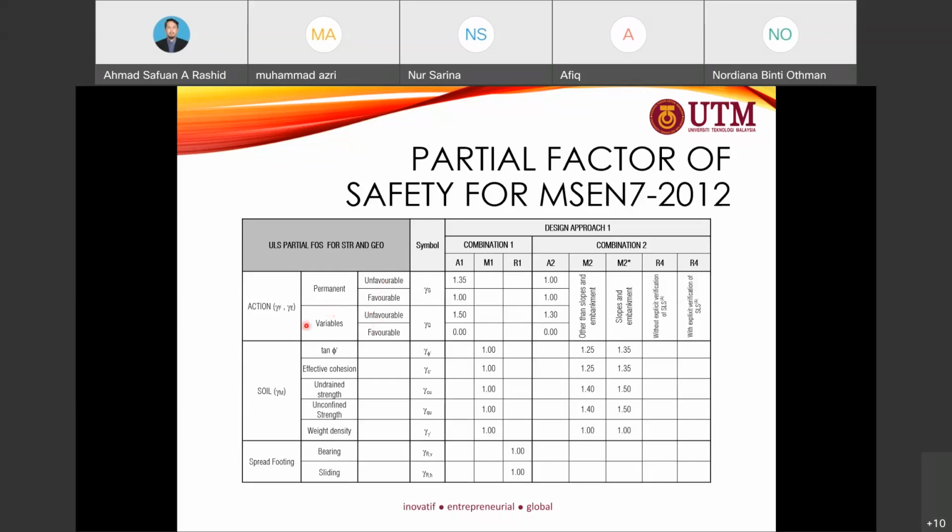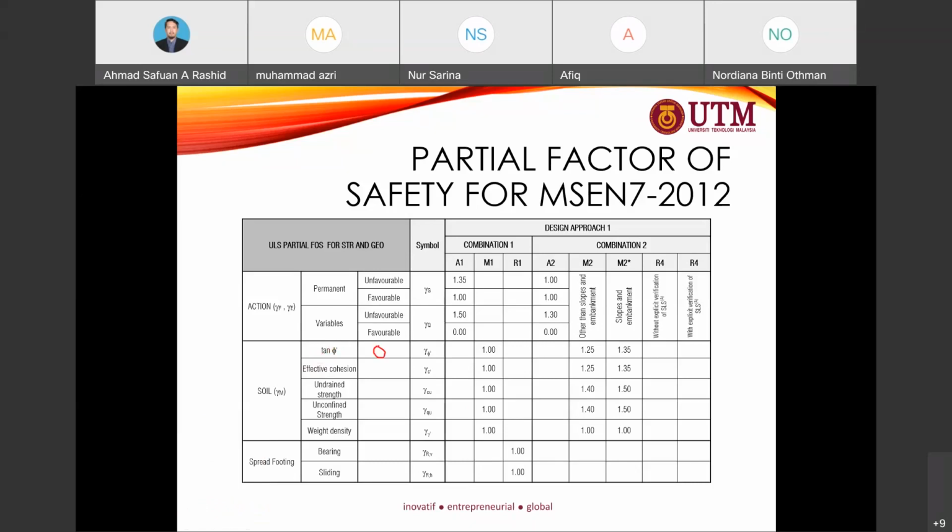Then for the design resistance, we should include the soil properties. In the soil properties we may include all these parameters. We have tan phi. This is a little bit different from the common approach using the BS.